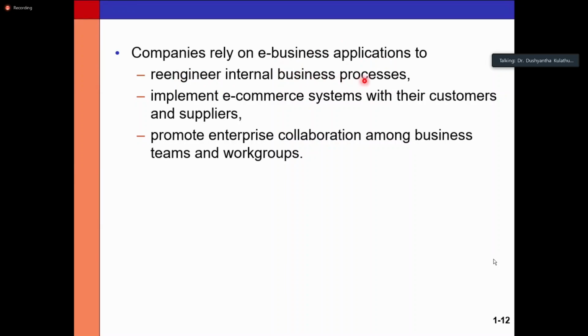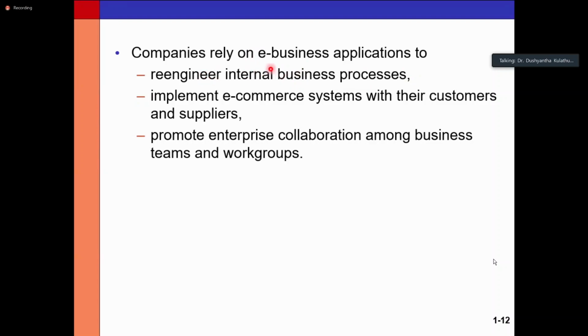Now the term re-engineer or re-engineering may come up later on as well. So what do we mean by re-engineering? Re-engineering basically refers to radically redesigning the existing processes in order to critically improve certain areas like output, or the cost aspect, or the quality aspect, or the service aspect, and so on.